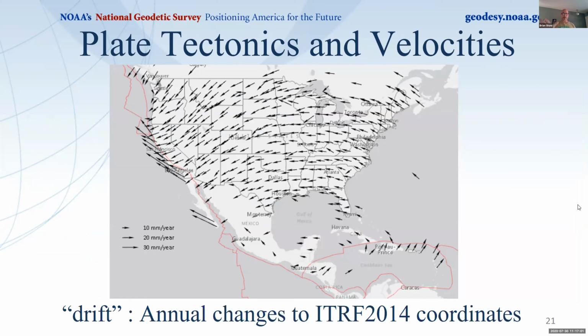You can see the North American plate is doing a slight rotation, whereas the Pacific plate is going straight up northwest, and the Caribbean plate is going up to the northeast. And so each of these plates is doing something different, which is why we've created these reference frames working with each of the individual plates, helping us to model the velocities and where things are moving.